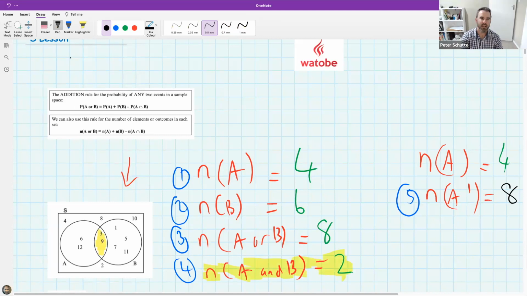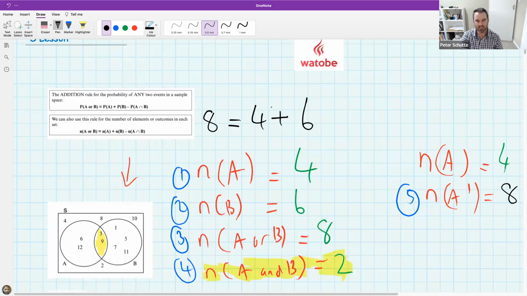Okay. Now, the reason I wanted to show you this is many students don't get the connection between these items and these formulas here. So if you notice, n of A or B, that was 8. So that's the number of items in A or B. And that's equal to the number of items in A, so that's 4, plus the number of items in B. And what you notice is that at this point, A plus B is greater than the 8, basically.